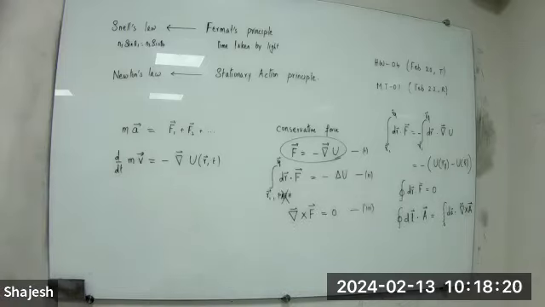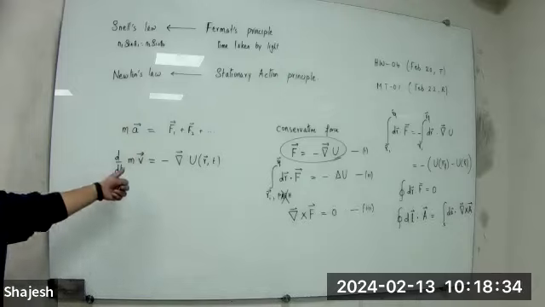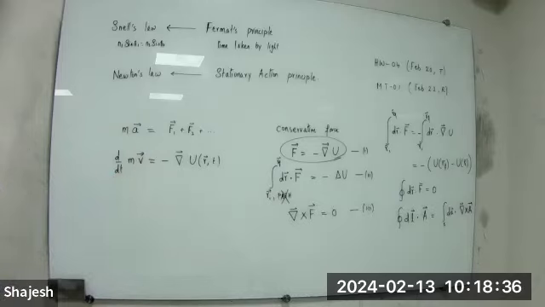But broadly speaking, in introductory level Newtonian physics, first we define acceleration, then force. Force is usually associated with potential energy, and acceleration is usually associated with momentum, right? That's how we write it.